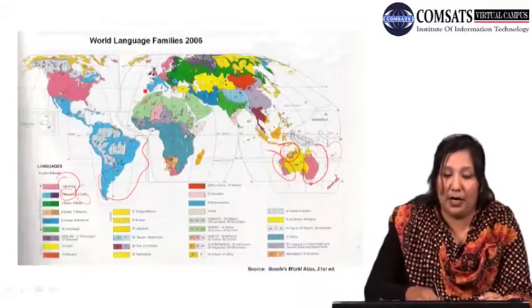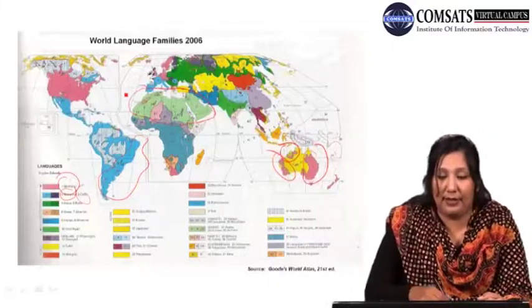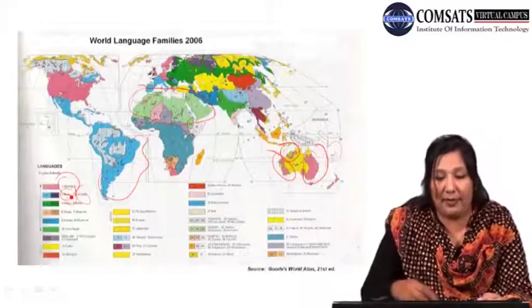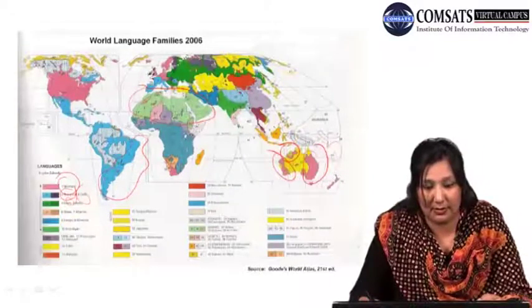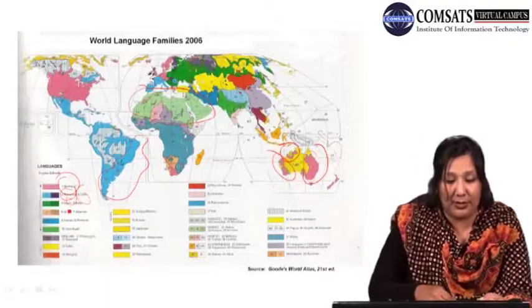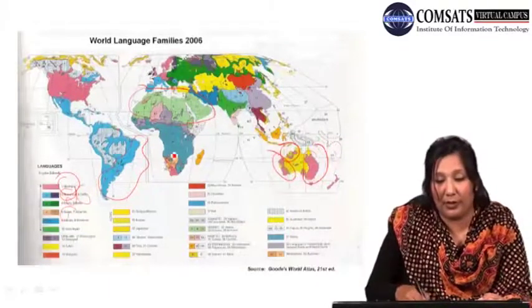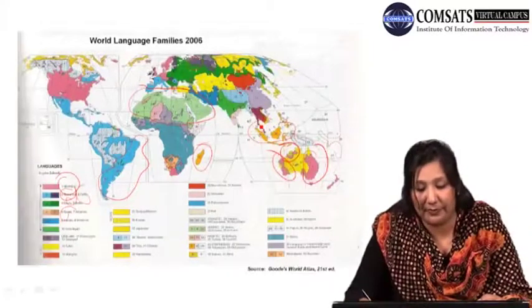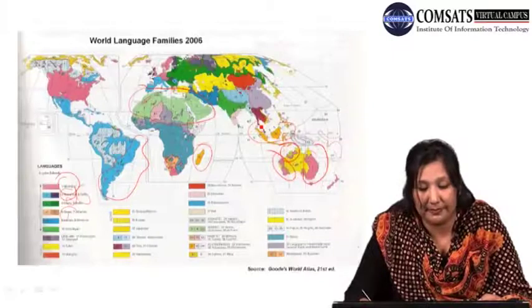All the greenish part of this map we can say are Slavic and Baltic languages. Then come Greek languages, the languages of the old Greeks. You can see that they were spoken this way. These are the Greek languages.